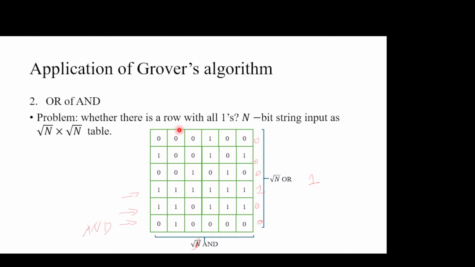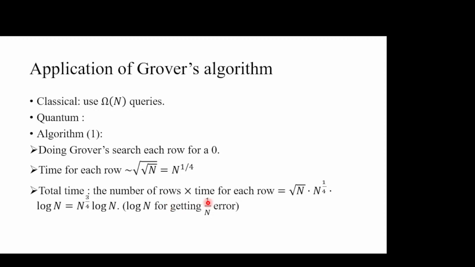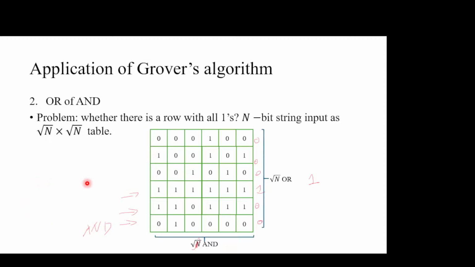When we talked about Grover's algorithm, we only got constant error. If you want 1 over N error, then you need to put in an extra log N factor.